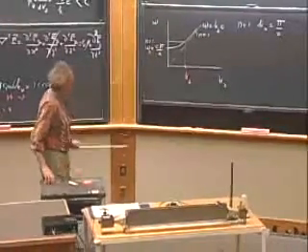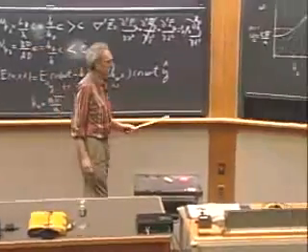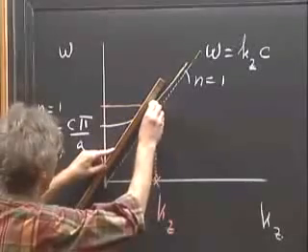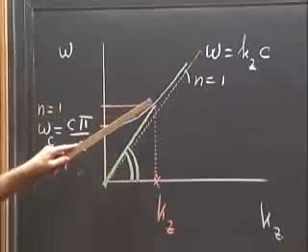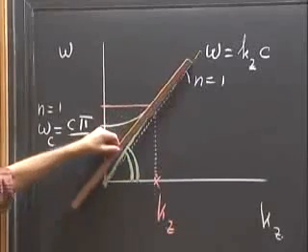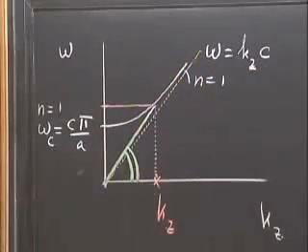You can immediately see here that the phase velocity is larger than c, because the phase velocity is omega divided by kz. And so when I draw this line, this slope here, omega divided by kz, is larger than this slope, which corresponds to a speed c.